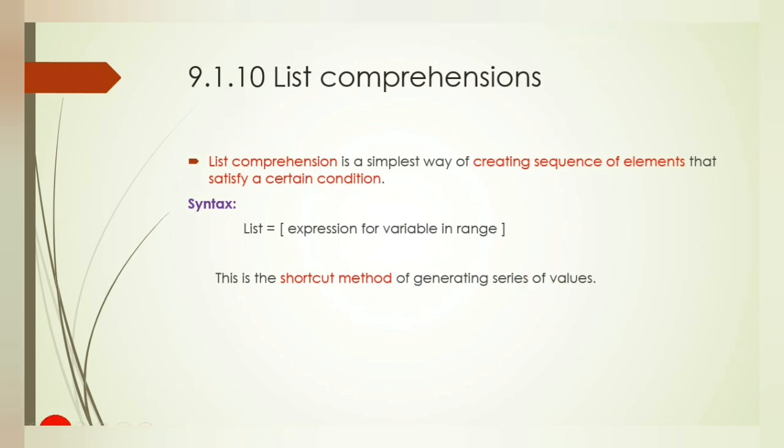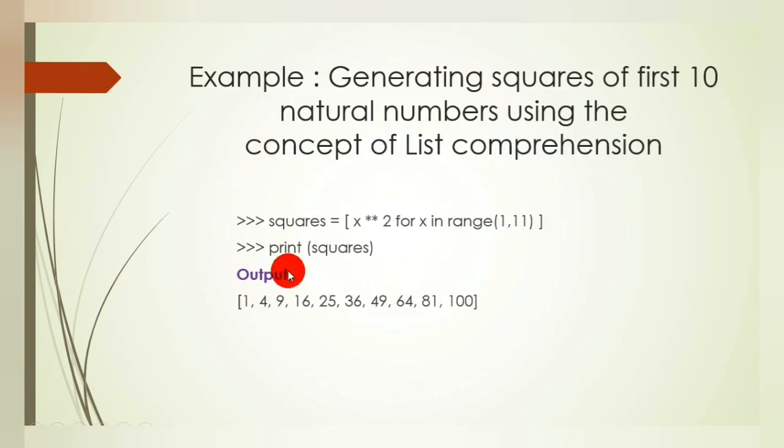Now you can see the example, then we will be able to understand. In this example we are going to create the squares of the first 10 natural numbers using the concept of list comprehension. This is the same example we discussed in the previous topic, and we are writing it again using the list comprehension method.